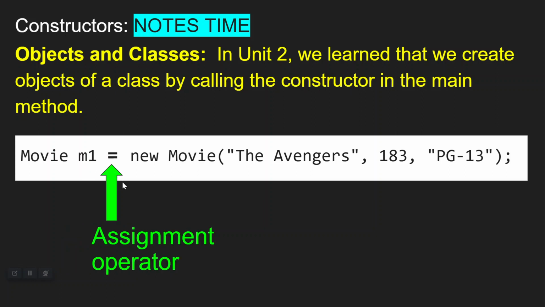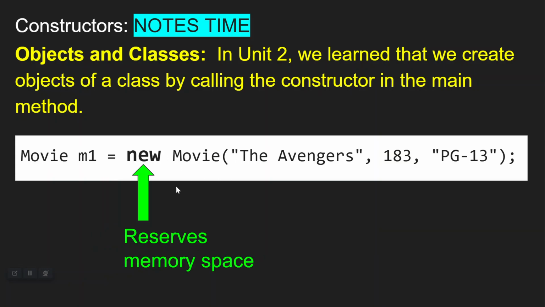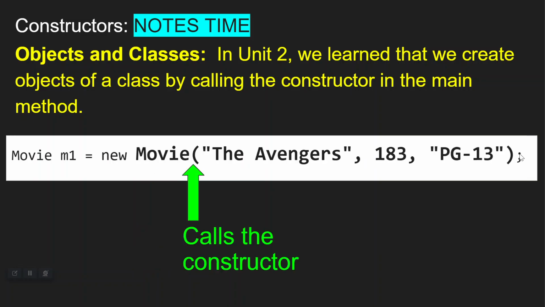So the first thing we're identifying is the data type for our variable. This is the variable name, and so m1 is a variable of the data type movie. Next, we have the equal sign, which is our assignment operator. So new reserves memory space in our computer, and then movie with all of this is where we're calling the constructor. With that, we have our object returned, and it's stored as this reference m1.